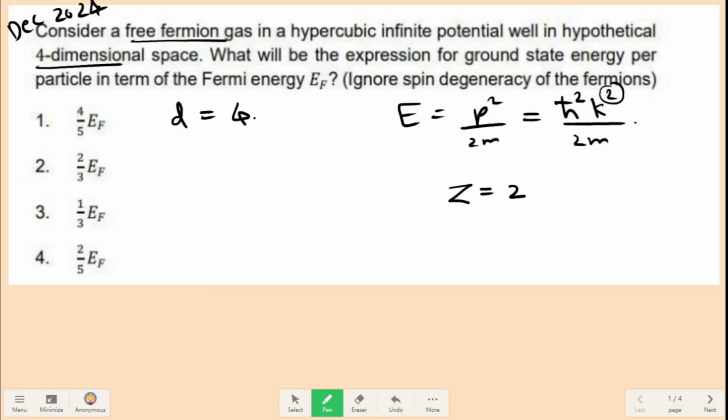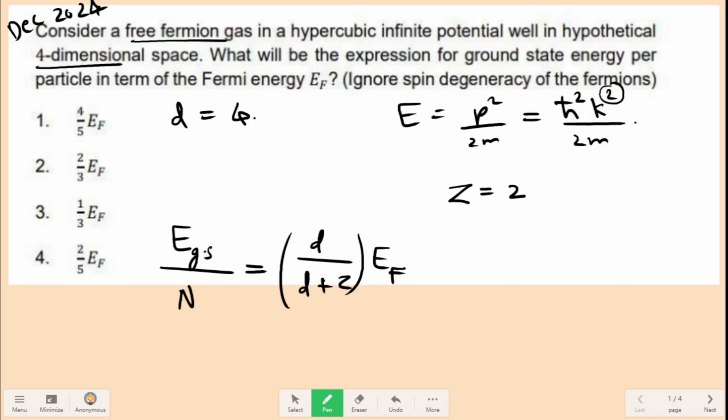Now the total ground state energy per particle, E ground state divided by number of particles, is equal to d divided by d plus z into EF. EF is the Fermi energy. EF is the highest energy that is occupied, the highest occupied energy at T equal to 0.